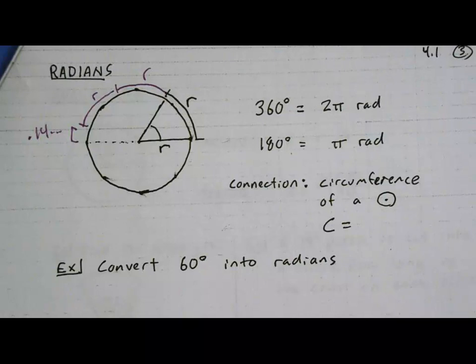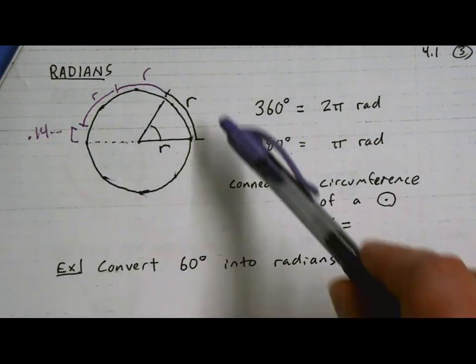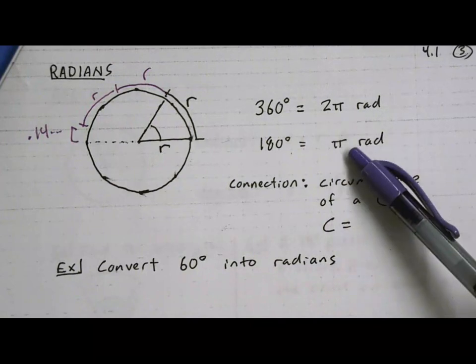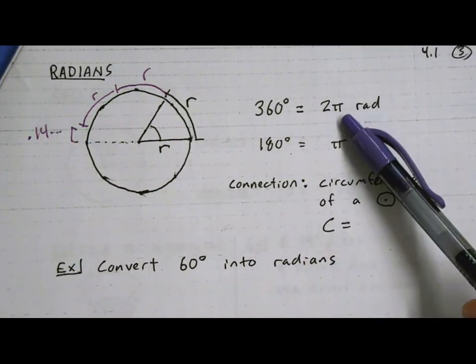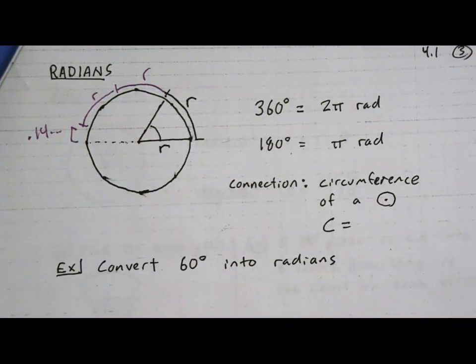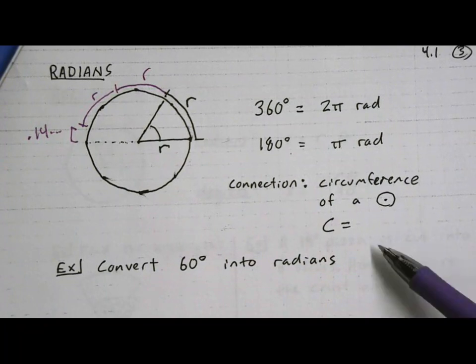Think about how pi radians gets us halfway around the circle and 2 pi radians gets us all the way around, and what you learned back in geometry, and probably even before that, about the circumference of a circle.